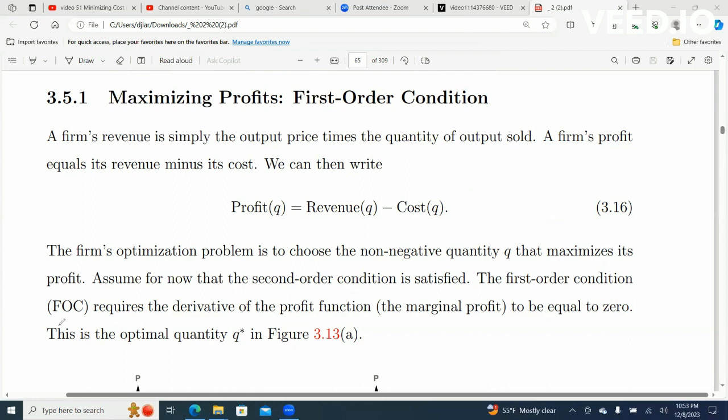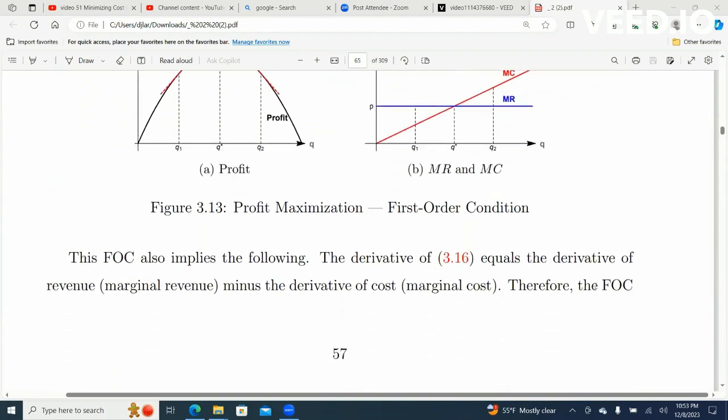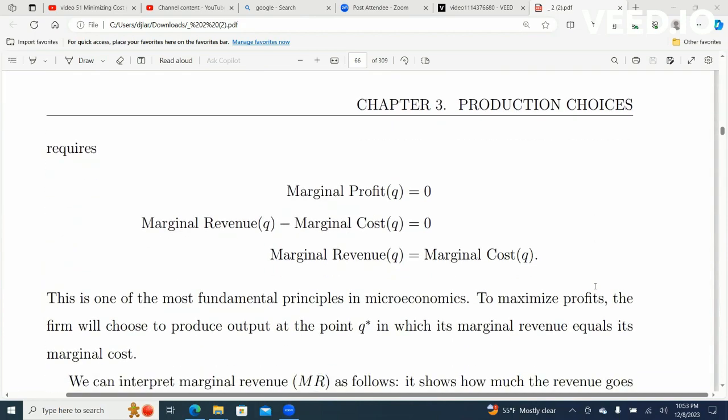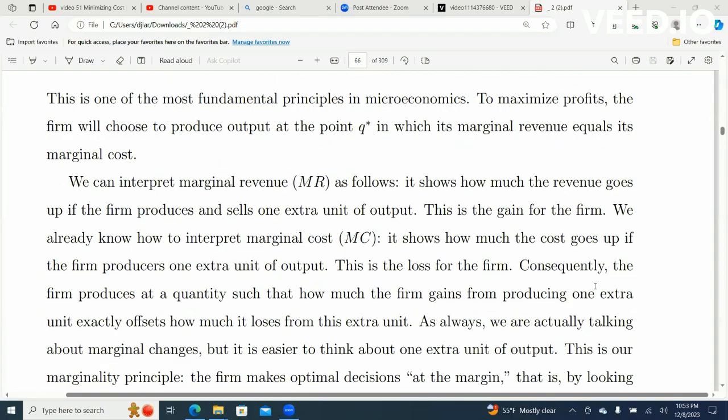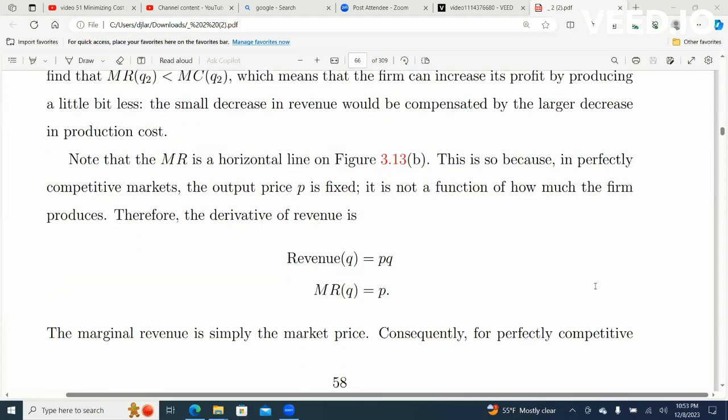Okay, so I think we'll probably start here in the next video. Let's just see. Maximizing profits, first order condition. And they define a lot of this stuff. Is there going to be a second order condition?